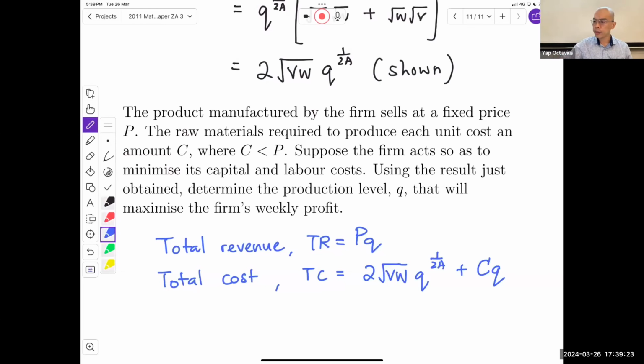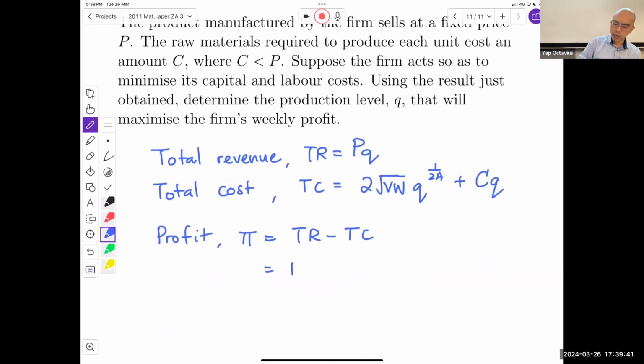So this is where you're going to start. So profit equals total revenue minus total cost. So you get PQ minus this, and minus away this one.